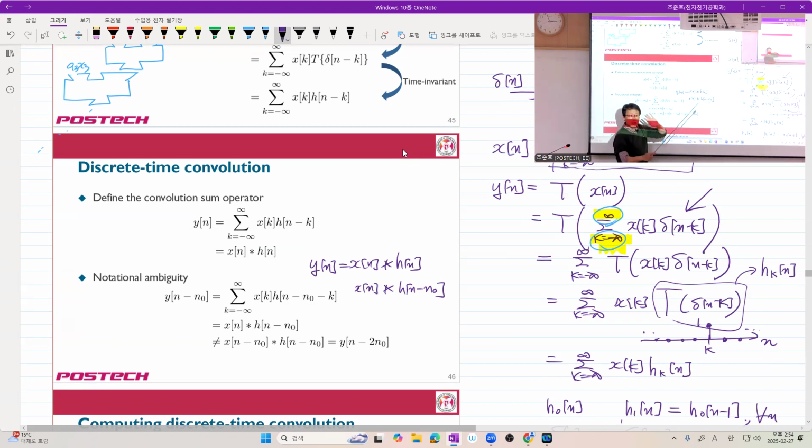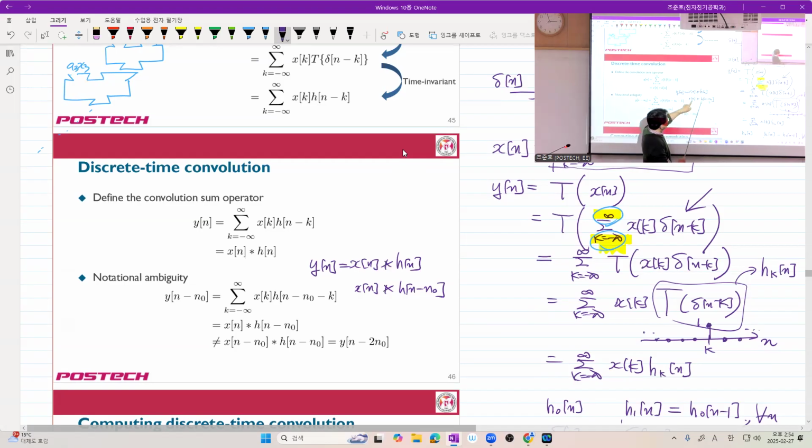Mathematically speaking, you have to show this result, but we already know that the convolution sum describes the input-output relation of a discrete time system, and the system has linearity and time invariance.